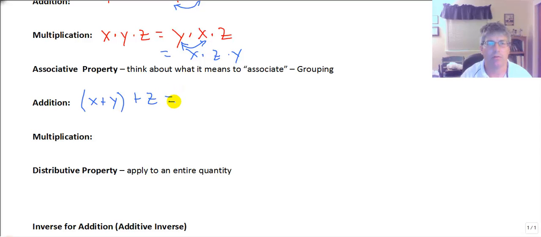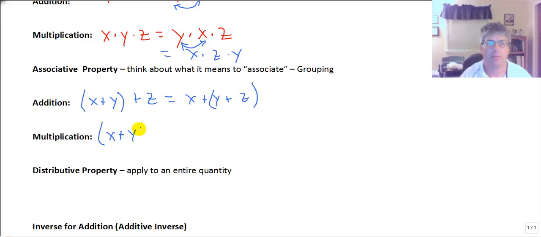But here we're going to group x plus y, that quantity, plus z, is the same as x plus y plus z, where on the left x plus y is grouped and on the right y plus z is grouped. With addition and multiplication, the groups don't really matter.